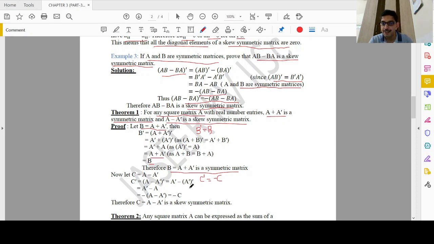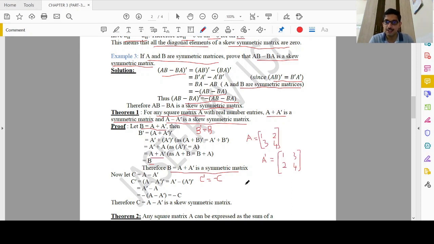Again, A transpose whole transpose is equal to A. Applying that, we get A dash minus A. If you take the negative outside, it becomes minus of (A minus A dash), which is equal to minus C. So C dash equals minus C. Therefore, A minus A dash is a skew symmetric matrix.